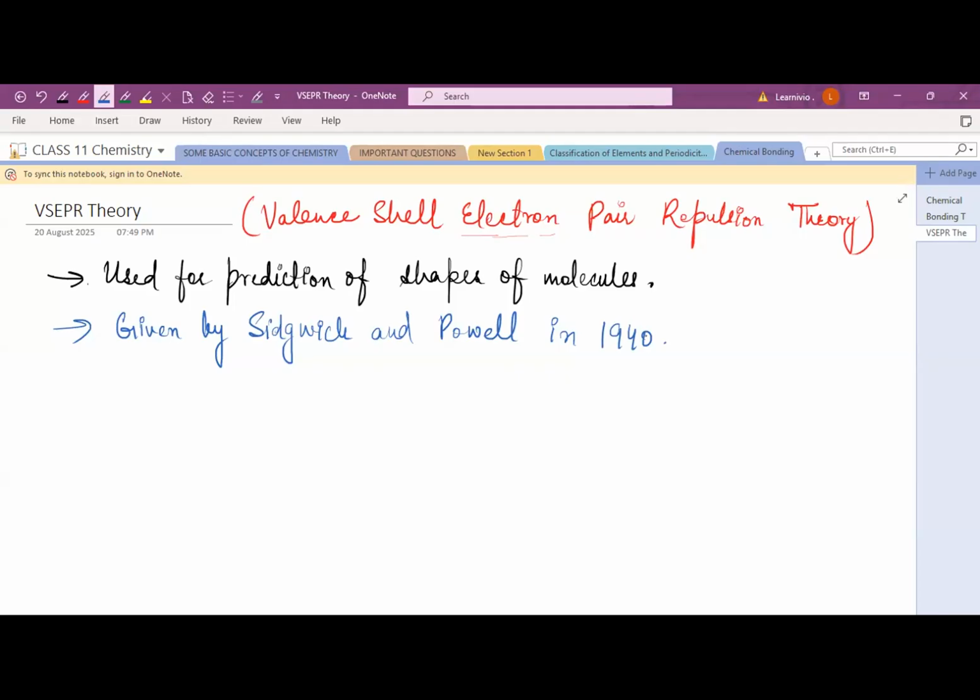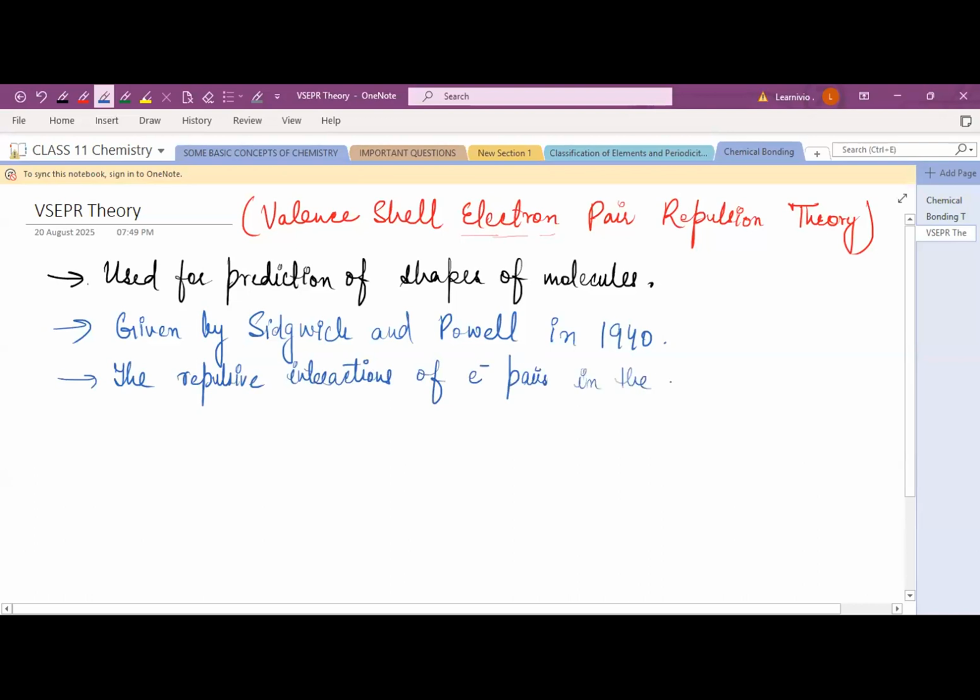Yes, ma'am. Okay, you can write down: the repulsive interactions of electron pairs in the valence shell of the atoms are the basis for this theory.